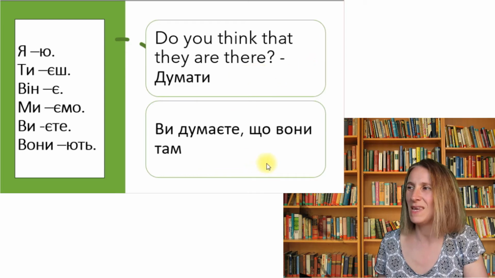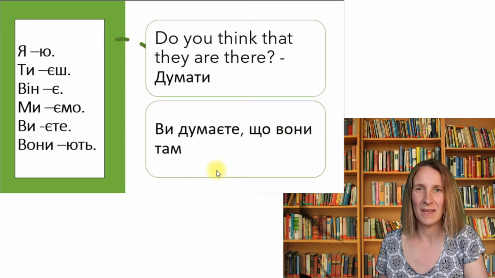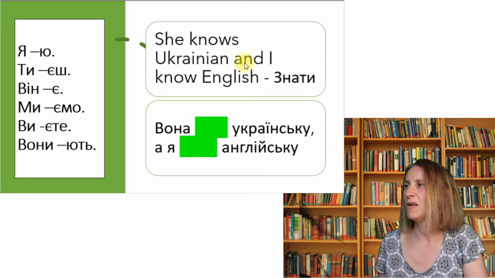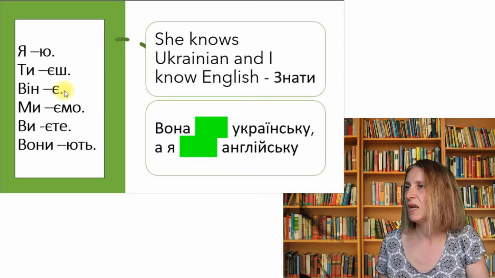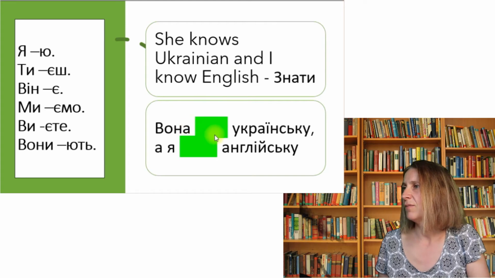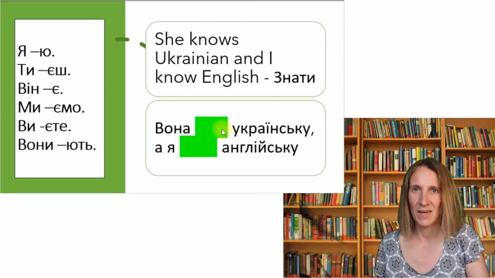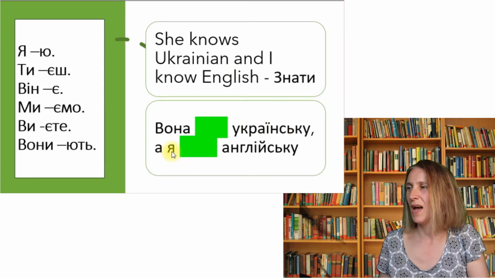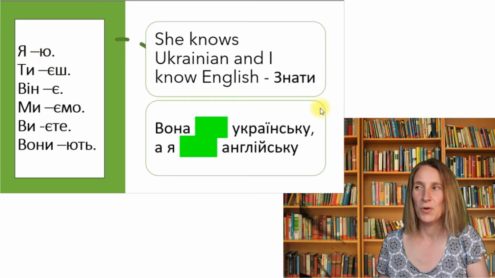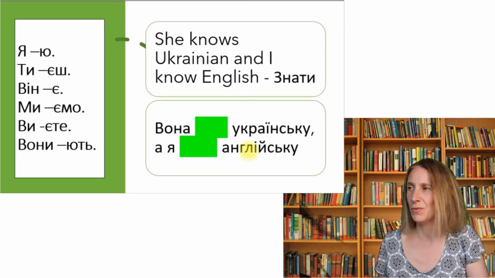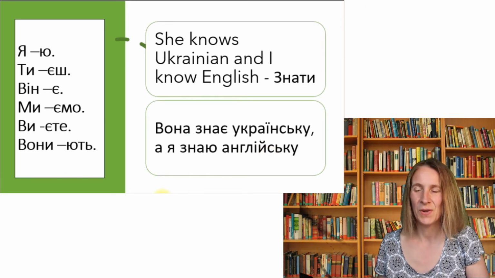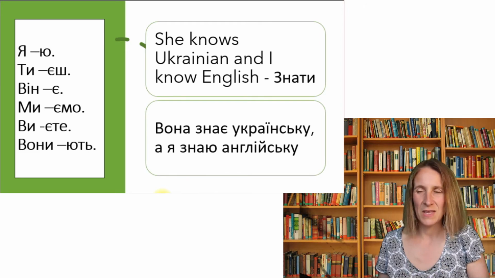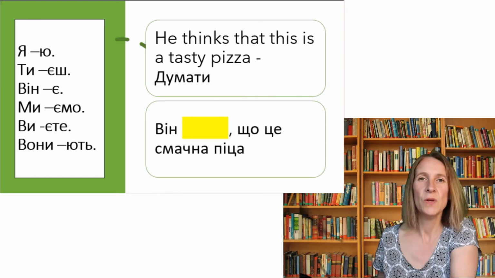She knows Ukrainian and I know English. Знати. She: є. Вона знає українську. А я, you: знаю англійську. Вона знає українську, а я знаю англійську.